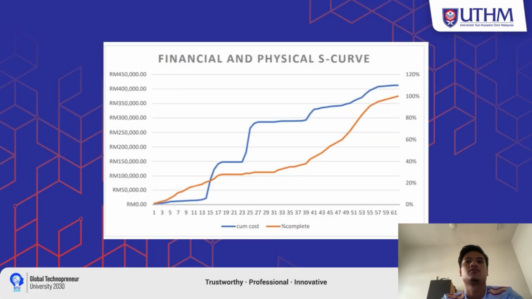And lastly, from the app, we can generate a curve, which is a financial and physical S-curve, to evaluate over time how much money we spend on this ongoing project.